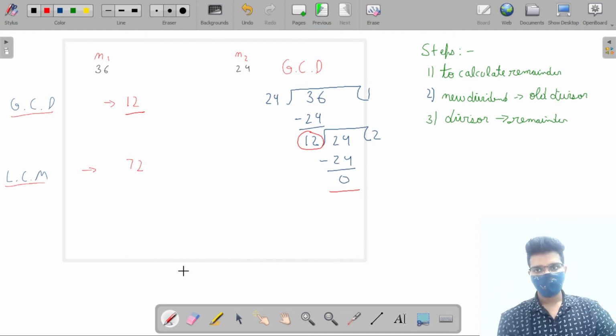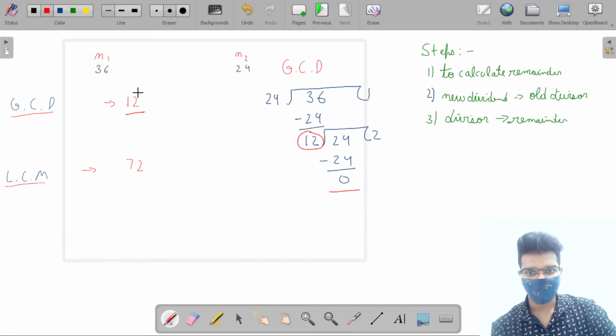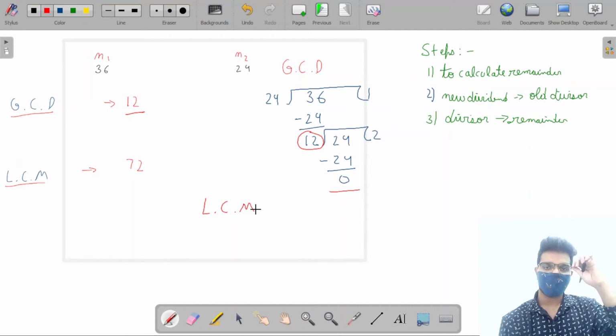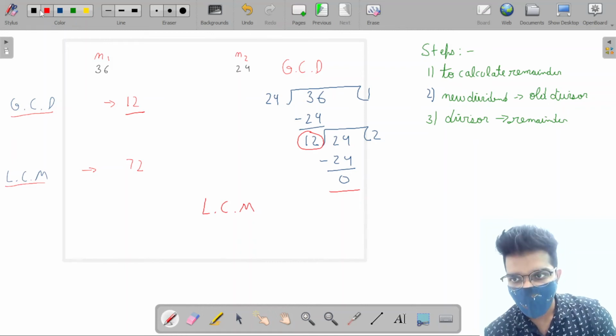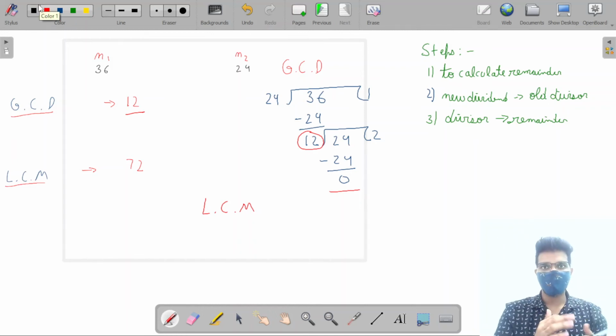Now the next thing we are going to talk about is LCM. But how can we calculate our LCM? Again, we are going to recall a small equation that relates both GCD and LCM.